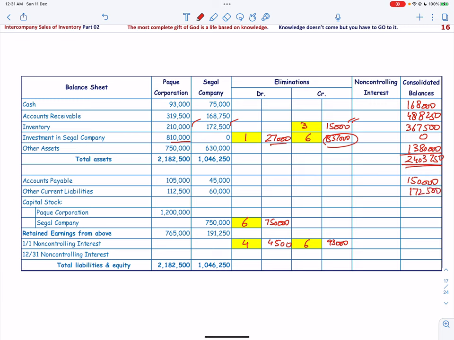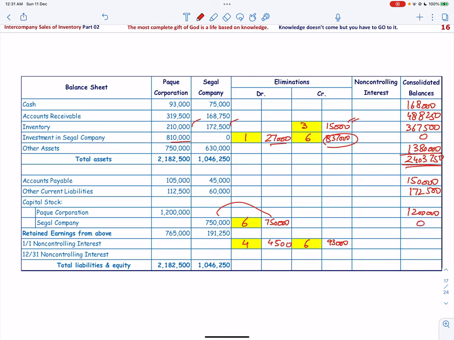Next we come to the common stock, and don't forget that only the parent company's capital will exist in the consolidated balance sheet, that is 1,200,000. Obviously the credit and debit are going to be settling down to equal to 0.